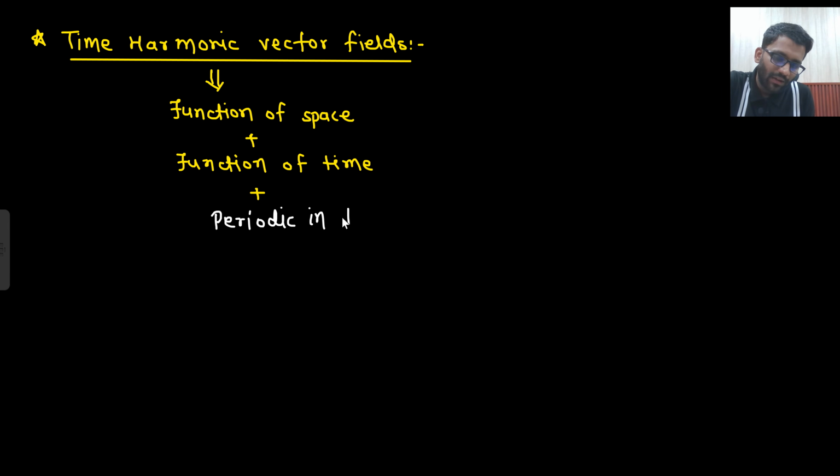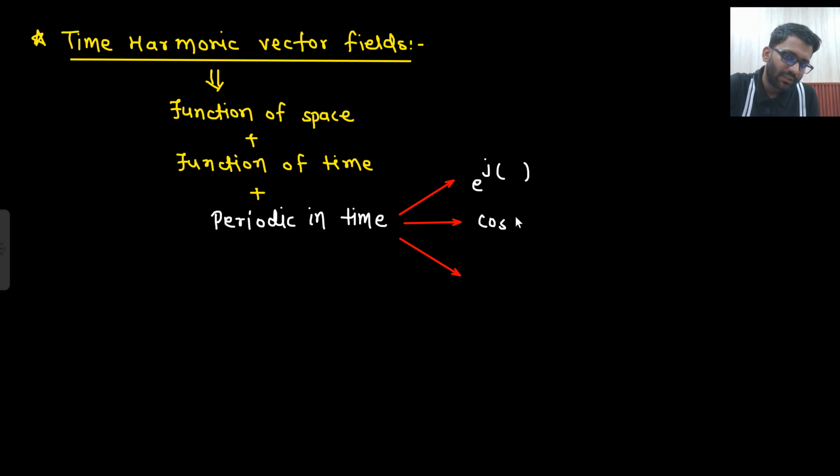Periodic in time. And if something is periodic, then how can we represent that? We can represent it as e to the power j some angle, or cos some angle, or sine some angle.